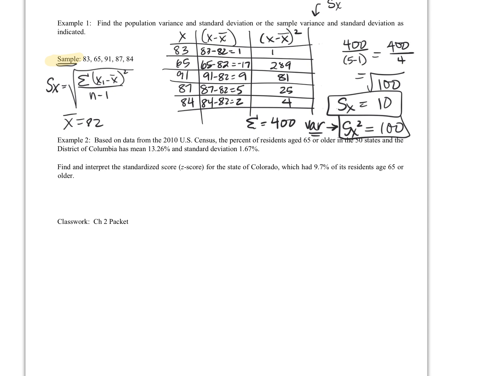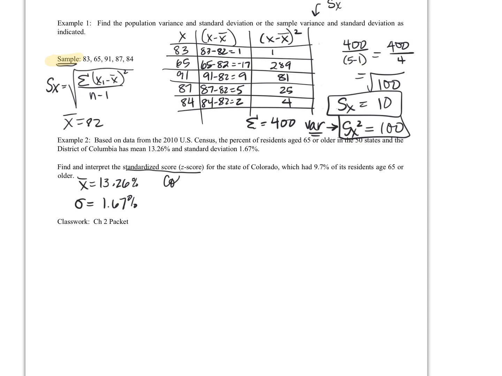X bar is 13.26 percent, and the standard deviation, we're taking this as sigma, the population, since it's a census, is 1.67. Find and interpret the standardized score, or what we know as the z-score, for the state of Colorado, which had 9.7 percent of its residents age 65 or older.